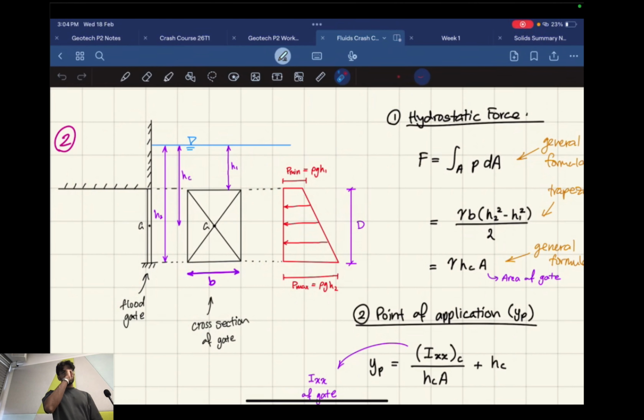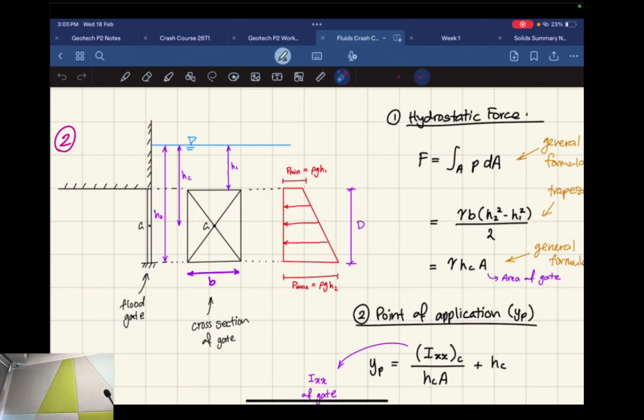Why does it already start with some sort of pressure up here? Why doesn't it start at 0? Exactly, perfect. It's already at a certain depth down.